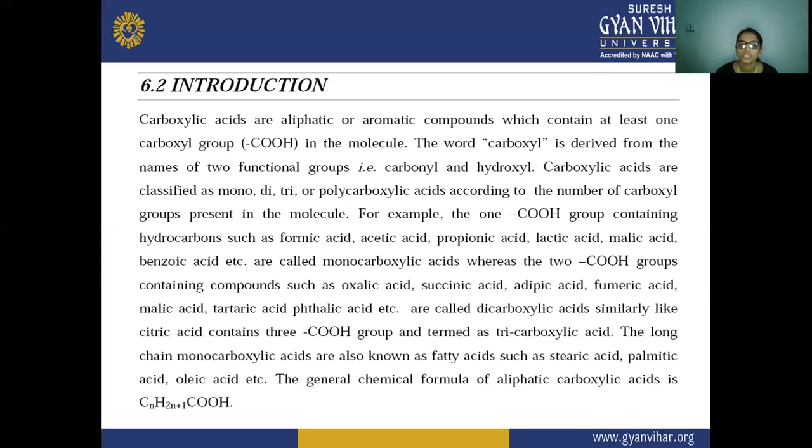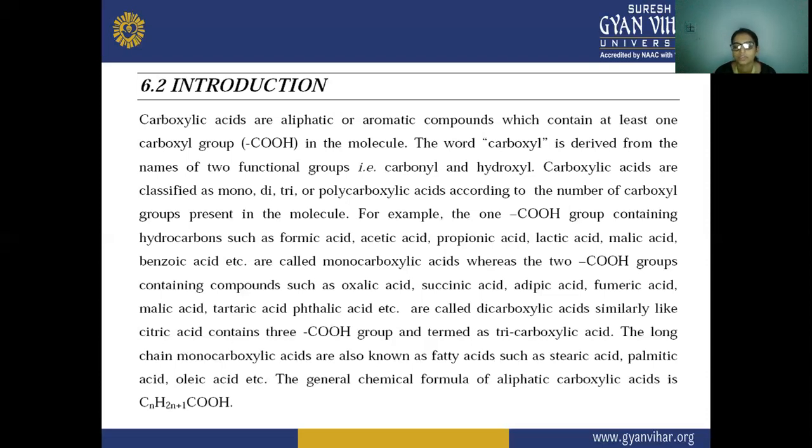So the long chain monocarboxylic acids are also known as fatty acids. These long chain aliphatic compounds contain one carboxylic group in their structure, and these are known as fatty acids.